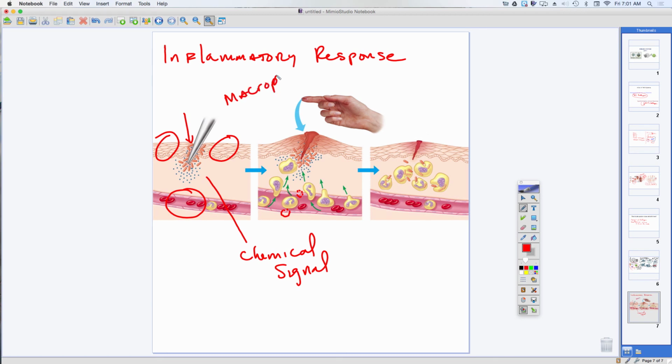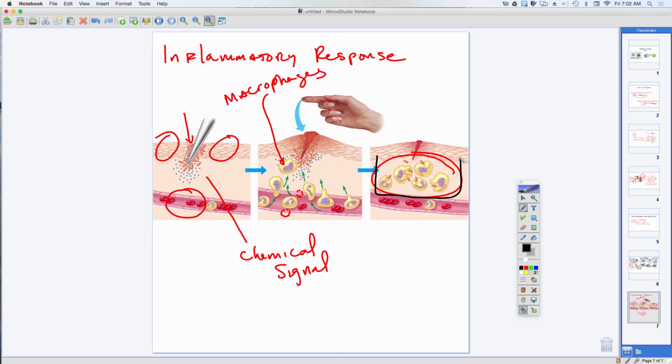And what those leaky blood vessels do is they allow macrophages, remember those guys are big eaters, to leak out of the blood vessels and go into the tissues, and the cell signals are like, hey, we've got a problem here. Somebody get the bacteria out. And sure enough, those macrophages attack like an army, and they gobble up all of the bacteria that are in there.